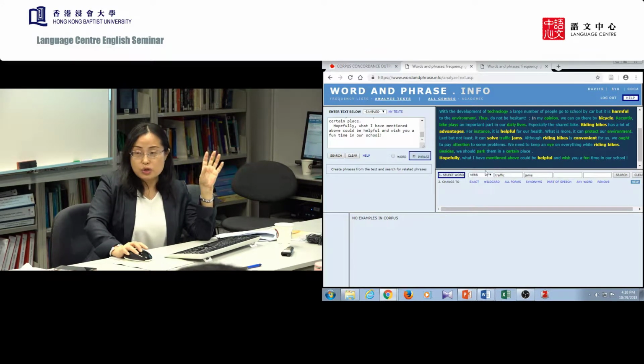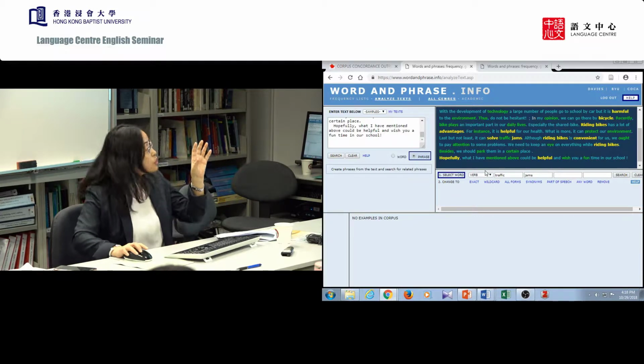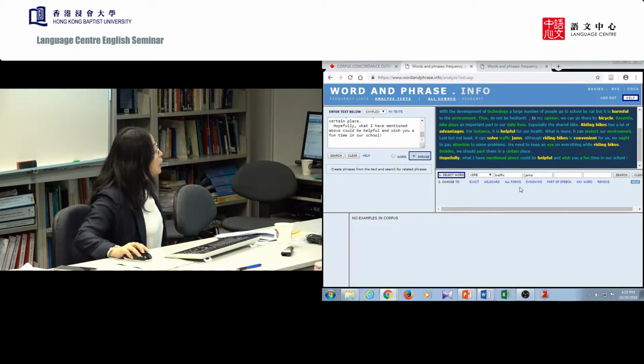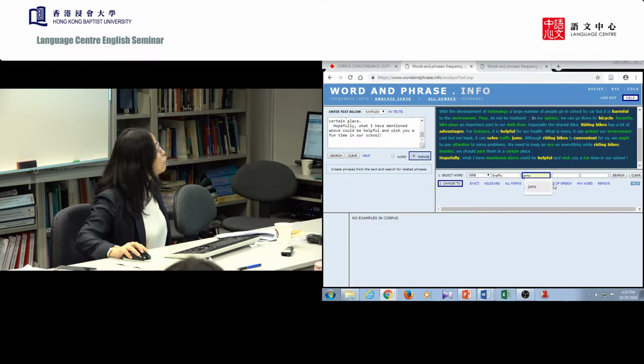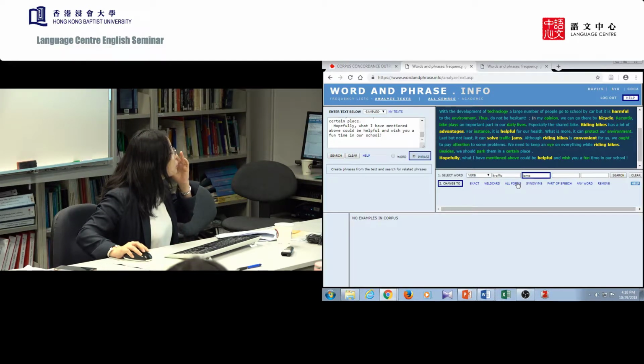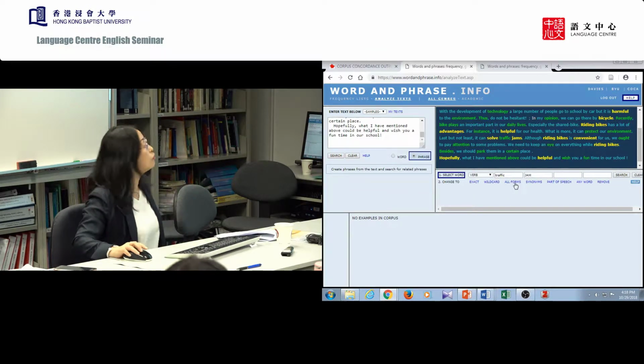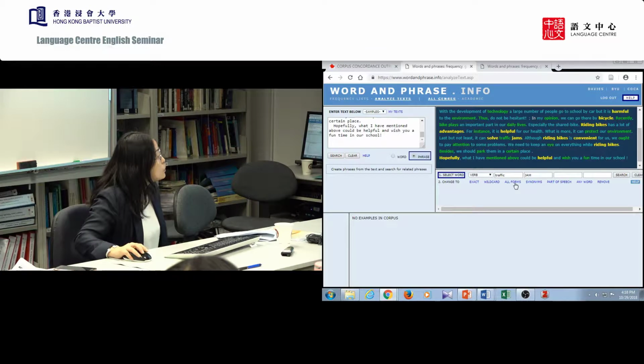So here we're going to search what verbs can be collocated with traffic jams. And here perhaps we would like to search for jams and also jam, so we change to all forms. So we include jam and jams, all forms. And then you search again.